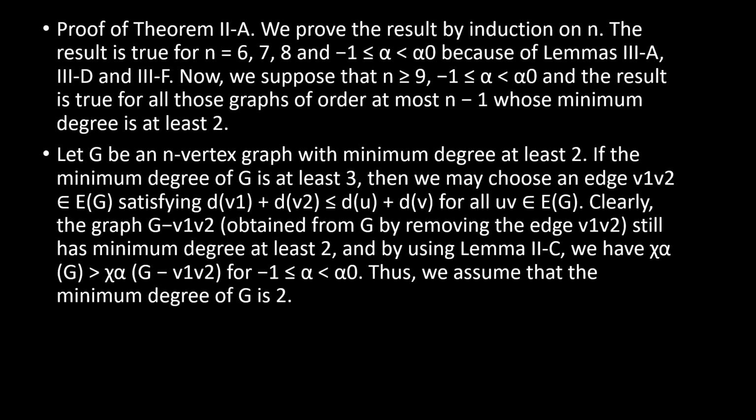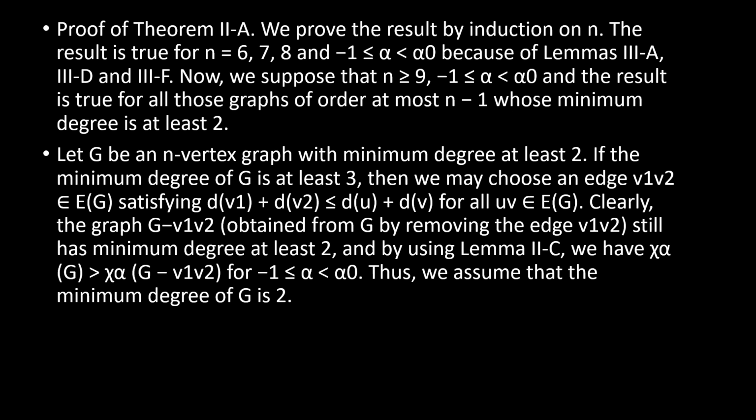Let G be an n-vertex graph with minimum degree at least 2. If the minimum degree of G is at least 3, then we may choose an edge v1v2 belongs to E(G), satisfying d(v1) + d(v2) ≤ d(u) + d(v) for all uv belongs to E(G).